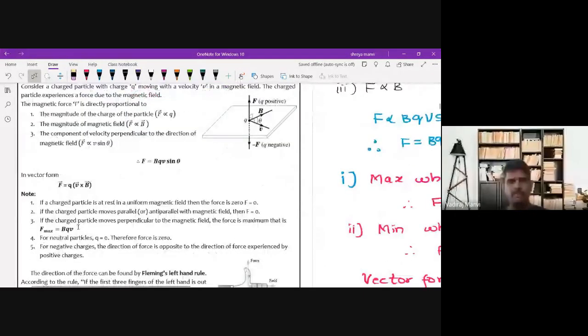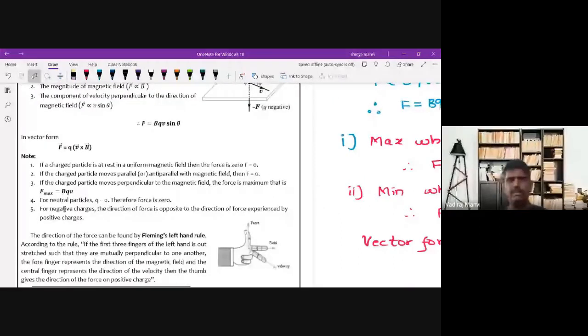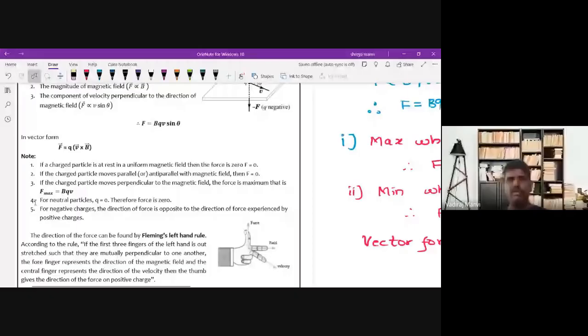Another thing you have to observe here, note, if a charged particle is at rest, only a moving charge can experience force. Because when I told you a conductor carrying current means what? Charges are flowing inside that conductor. Correct? Same way here also. If it is at rest, it will not experience any force. And if the charged particle moves parallel or anti-parallel, I just told you F is 0. If the charged particle moves perpendicular, for a neutral particle, I told you for neutron, since no charge, it will not experience any force.